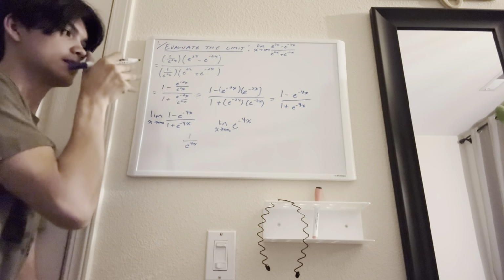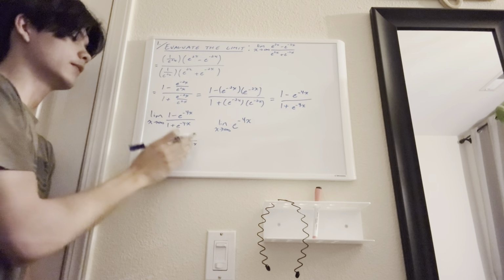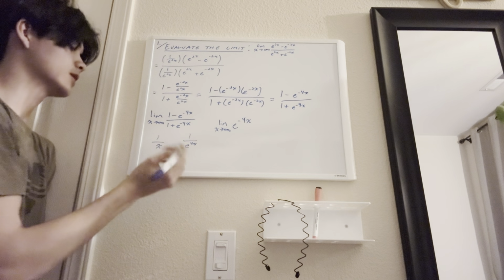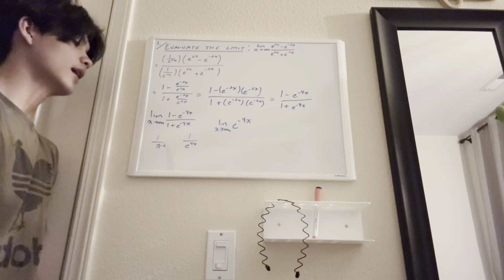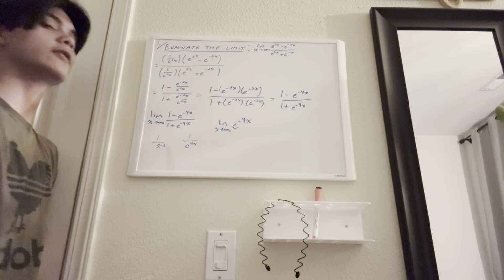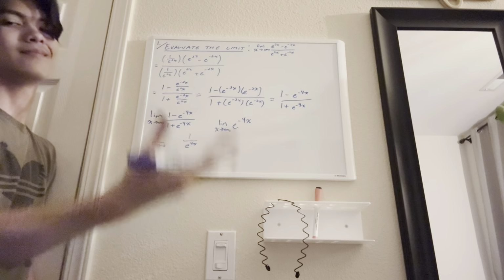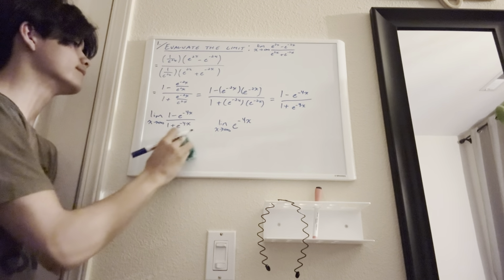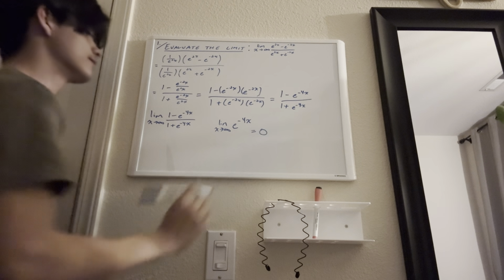I think you discussed it with Diego before, but just as a refresher, if you have 1 over x as x approaches infinity, it's going to be 0. 1 over x squared as x approaches infinity, it's going to be 0. Because the value becomes so incredibly small, it's essentially 0. It's negligible.